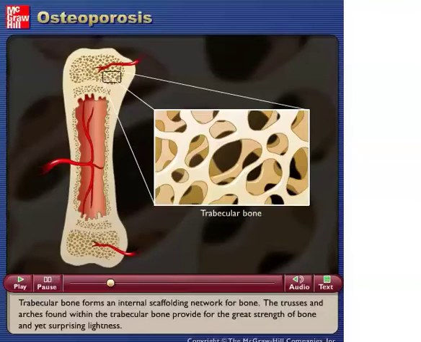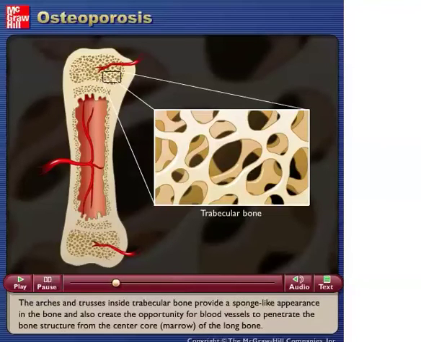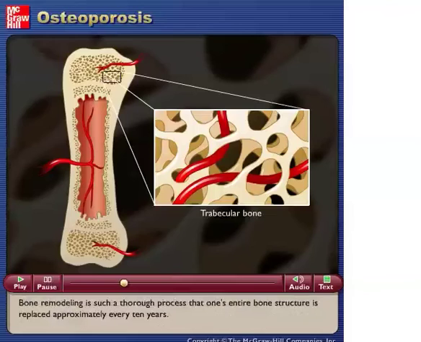The trusses and arches found within the trabecular bone provide for the great strength of bone and yet surprising lightness. The arches and trusses inside trabecular bone provide a sponge-like appearance in the bone and also create the opportunity for blood vessels to penetrate the bone structure from the center core, marrow, of the long bone. Bone remodeling is such a thorough process that one's entire bone structure is replaced approximately every 10 years.